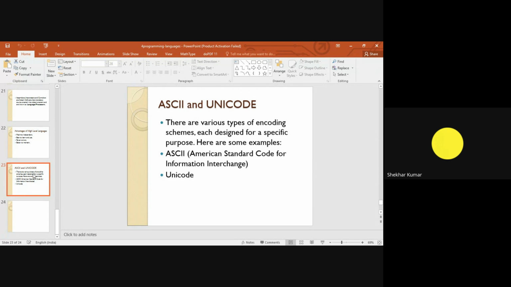For example, the symbol A, character A, is represented with the help of an ASCII value. For letter A, we use 65. It is a coding technique.